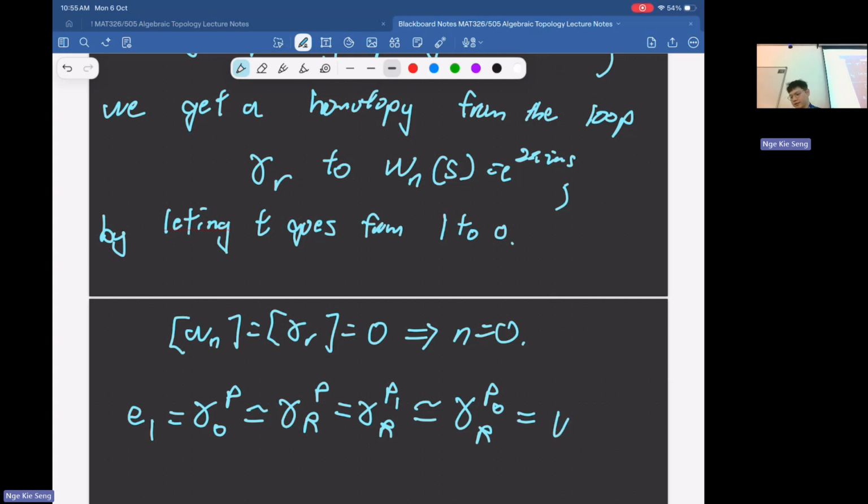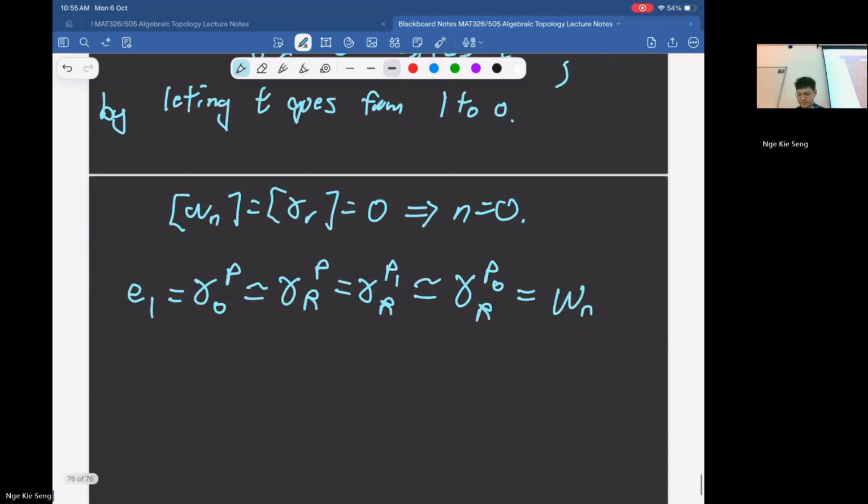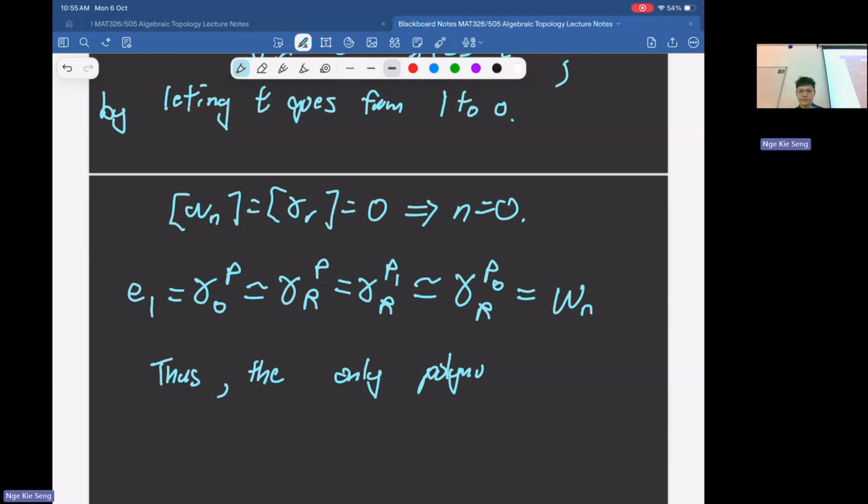So Z^n is just looping how many rounds? We showed that Wn is just a point, so n has to be 0.